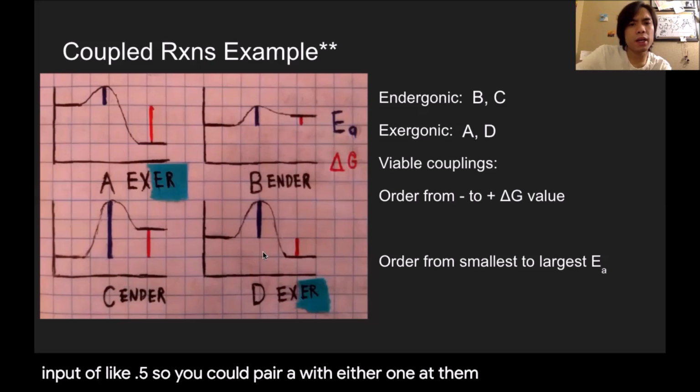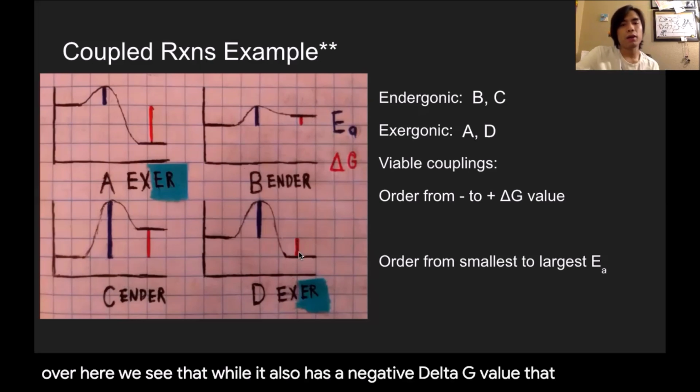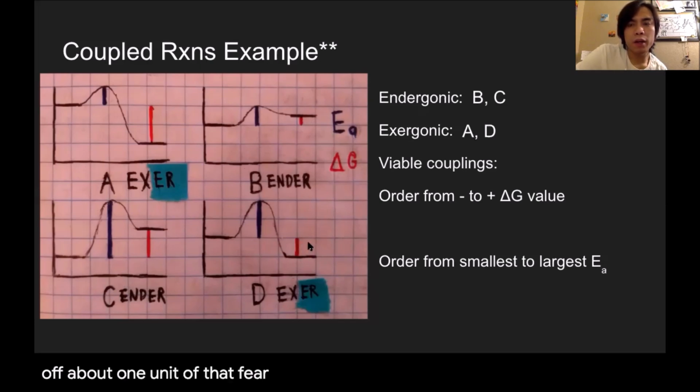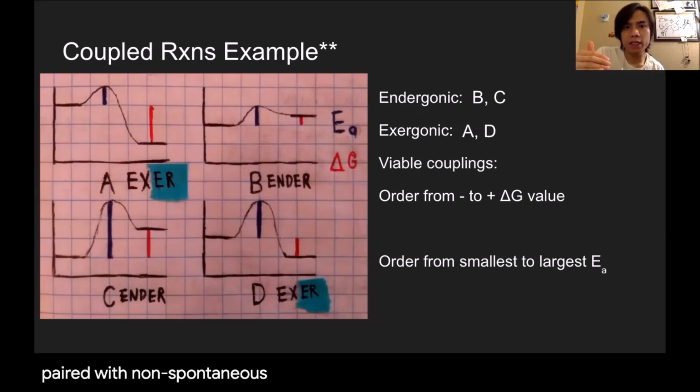Now, let's look at our exergonic reaction over here. While it also has a negative delta G value, it only gives off about 1 unit of free energy, which means it can only be paired with non-spontaneous reactions that don't need more energy than it can provide. If we compare it to B, we see that B only needed half a unit.